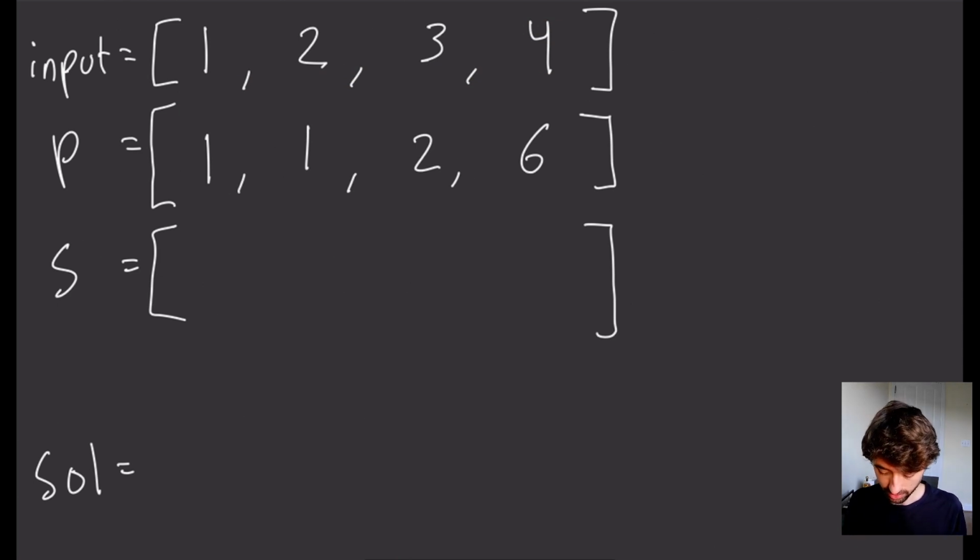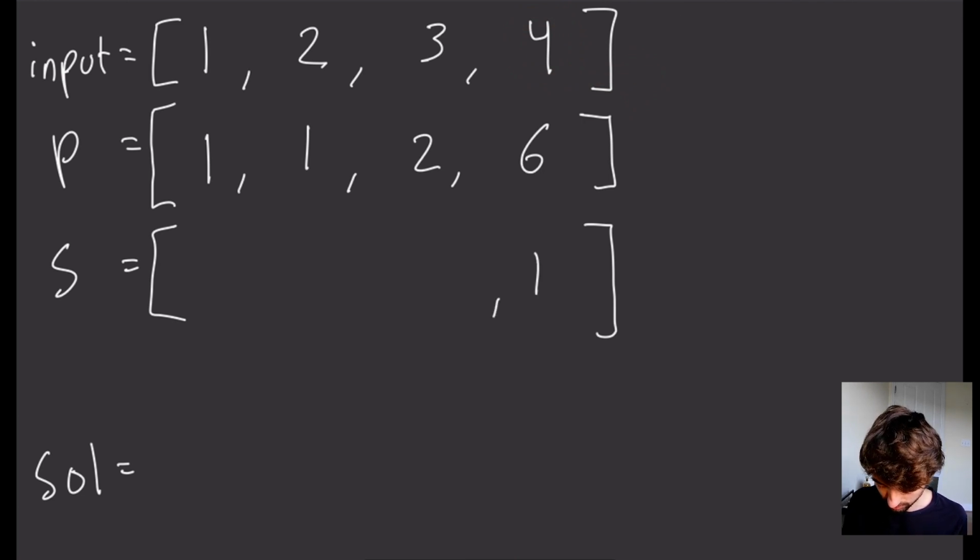For the suffix array, we're going to do the same exact thing, but looping backwards through the input list. So we'll start at the end here at 4, and the suffix is going to be all the values that come to the right of 4. And because there aren't any, just like we did for the prefix, we'll just make this 1.